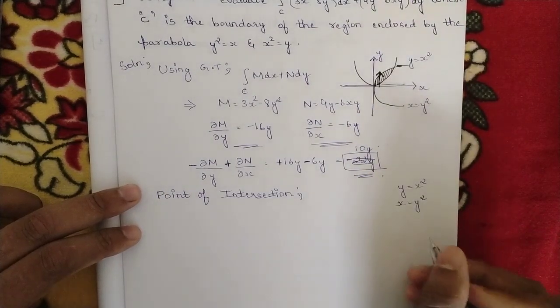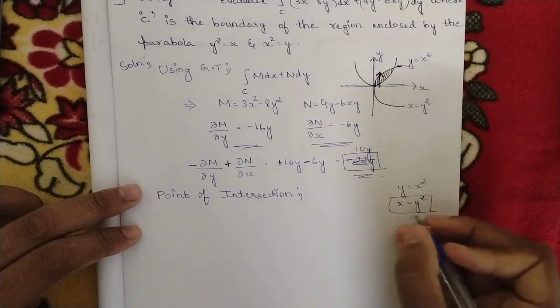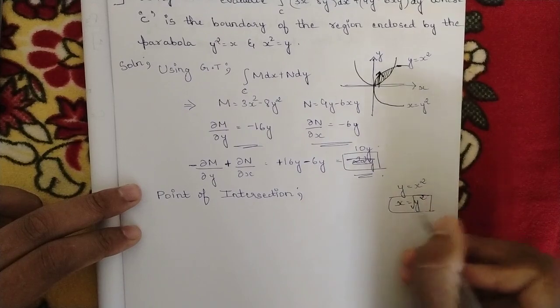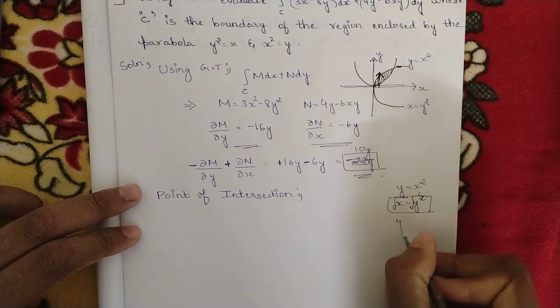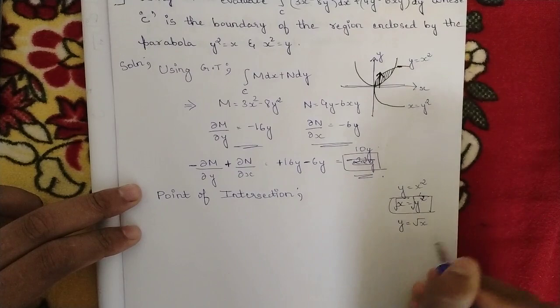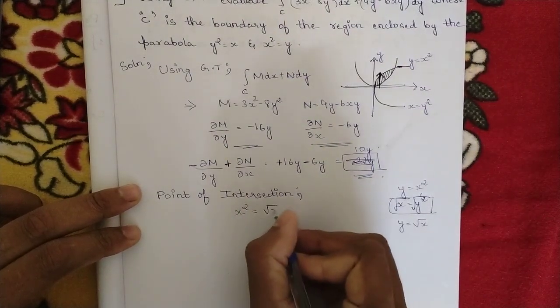If you want to equate, in x equal to y square we put square root on both sides, so the square root and square cancel and we get y is equal to root x. So we have y equal to x square and y equal to root x, so we can equate x square equal to root x.